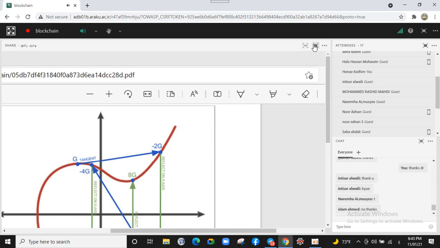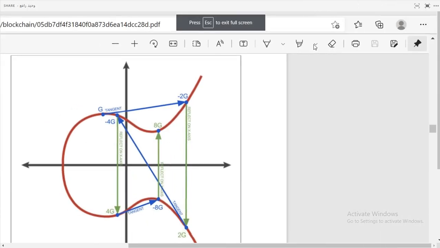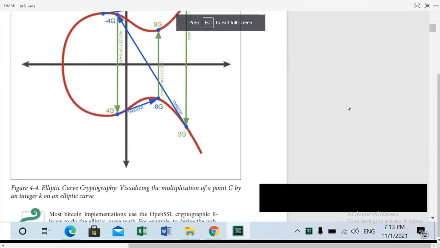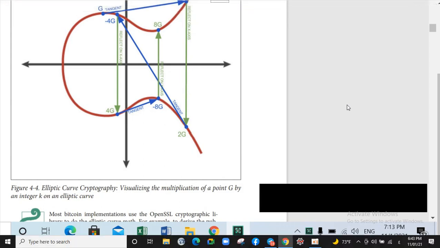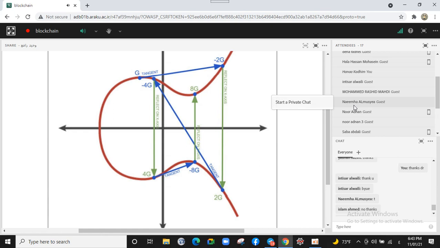Then reflection on the x-axis. This is G plus G. Again, drawing a tangent line from G plus G, we find another point, reflection on the x-axis. We find G plus G plus G plus G, 4 times G. Okay.